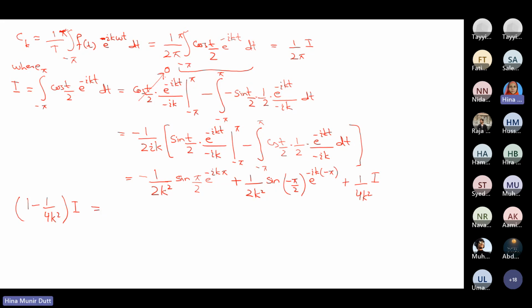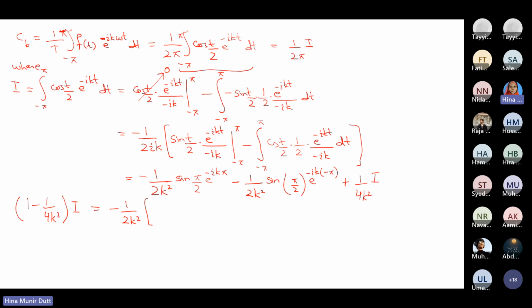Now look at this minus 1 over 2k square, this minus has come outside. Then write this, and then you can take minus 1 over 2k square common from this.